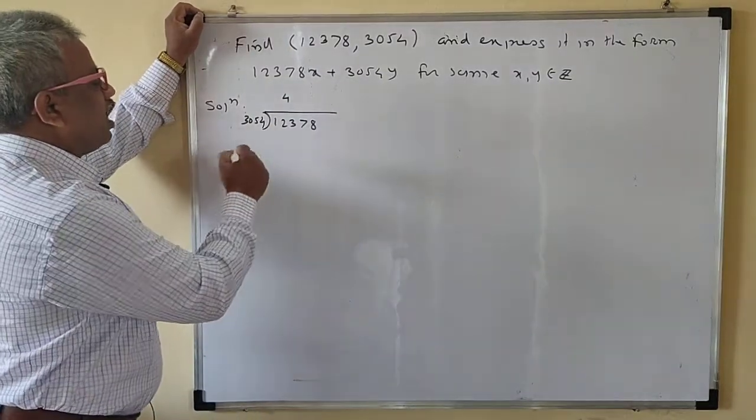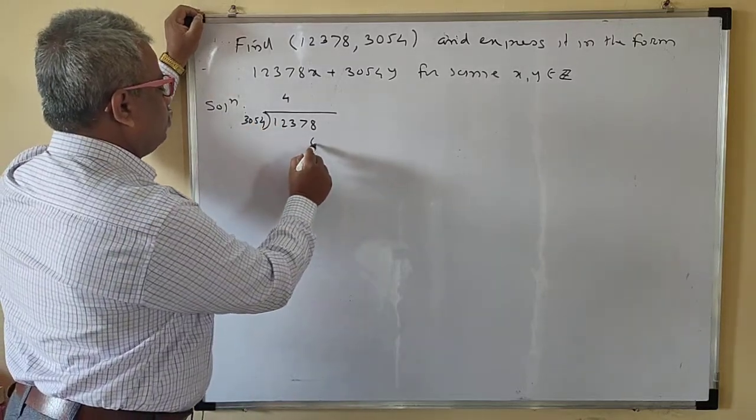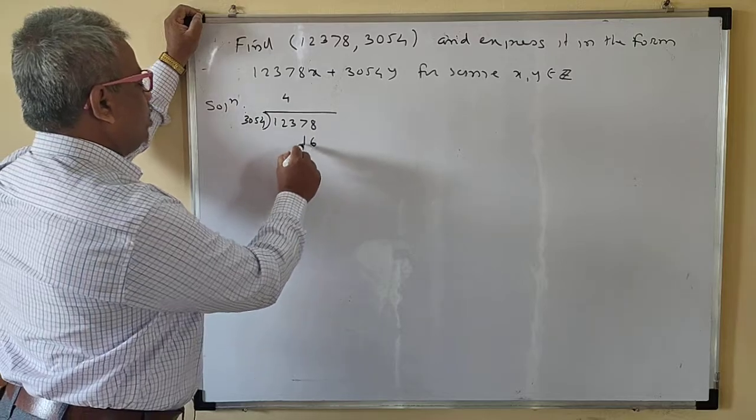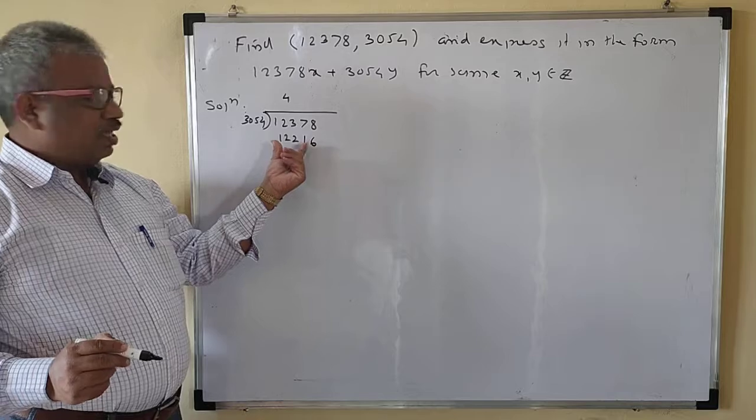We'll multiply this and see what happens. Then this is 12, 16, 21 and 12. Now see, this number is smaller than this number.